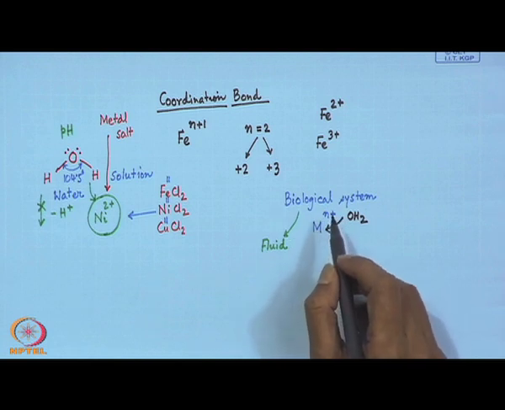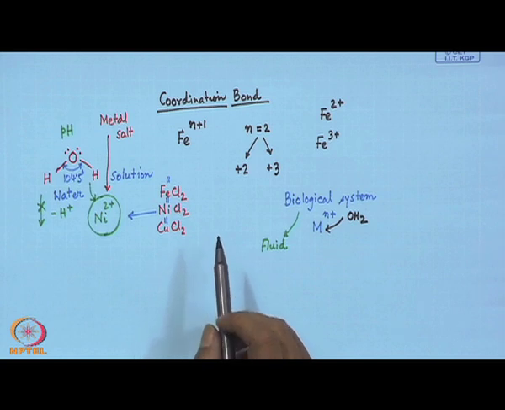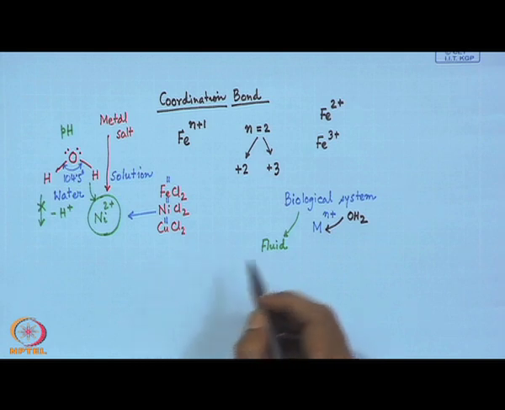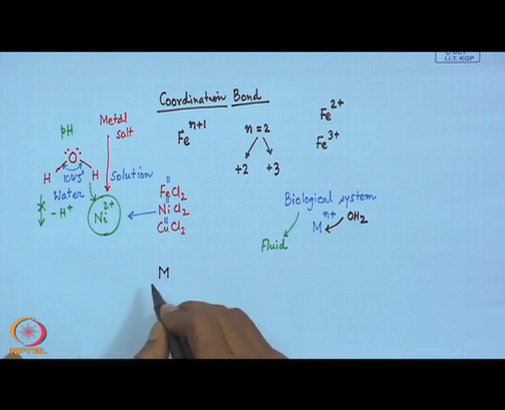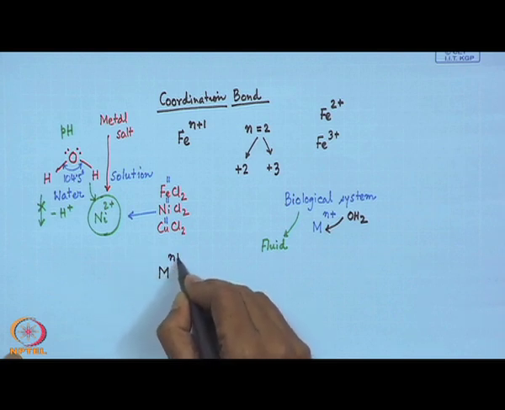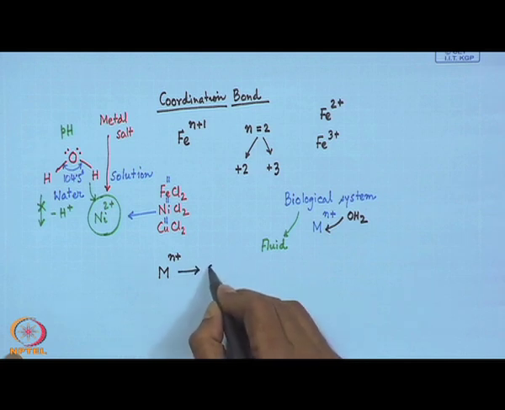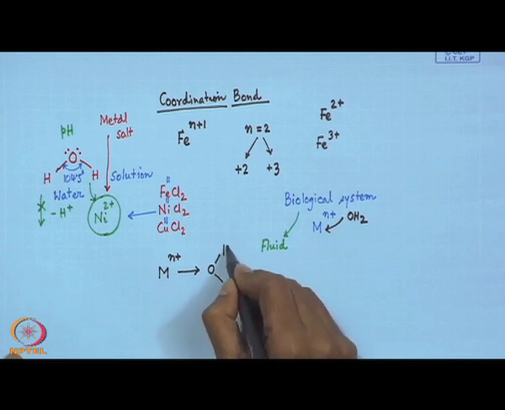So, from the biological system also, how these water molecules present over there can go and interact with the metal ion. So, basically the formation of this coordination bond will lead us to some kind of study where we see that a typical coordinate bond will form between a metal center, the metal in some positive oxidation state M n plus, and this particular water molecule.